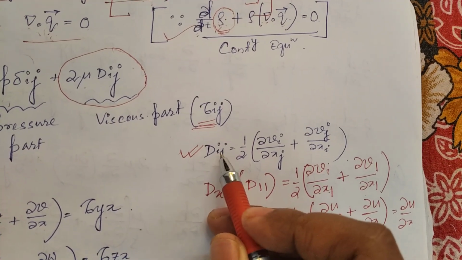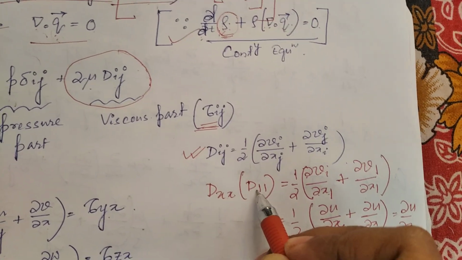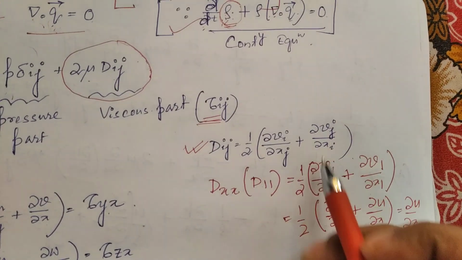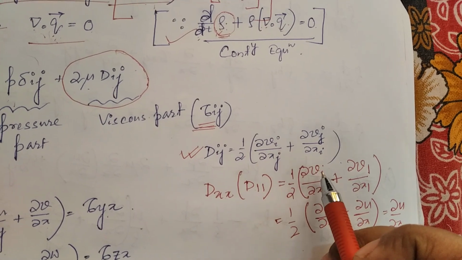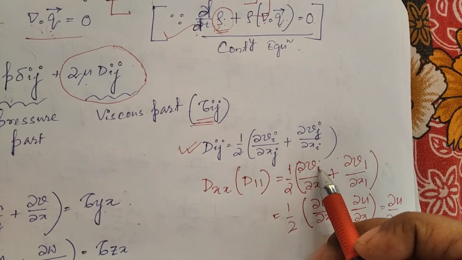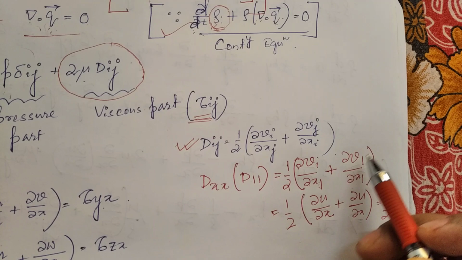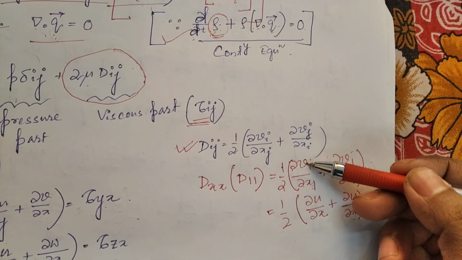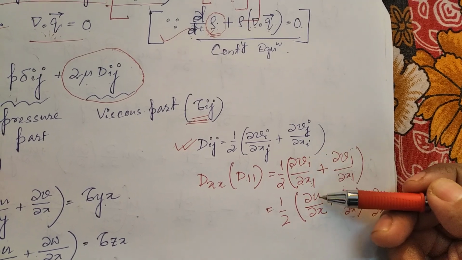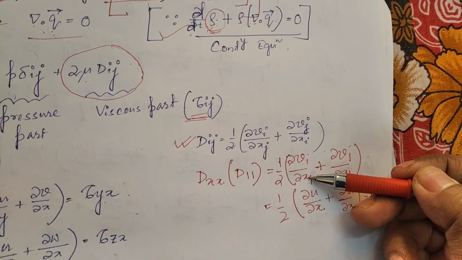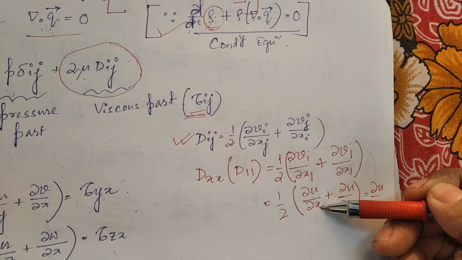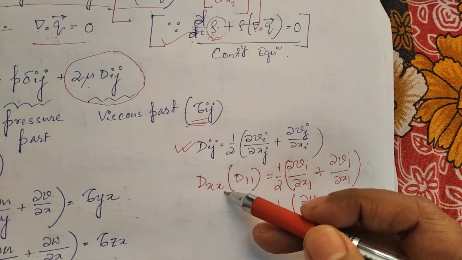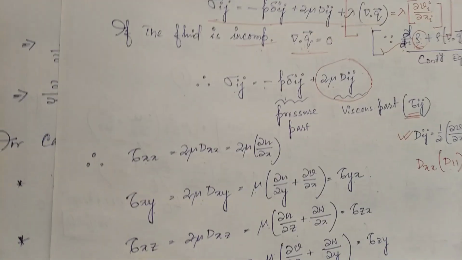If you replace ij by xx or 1 1, generally 1 represents the x direction, 2 represents the y direction, then on the right hand side it will be half of del v1 del x1 plus del v1 del x1. Here v1 is the first velocity component, that is u, and x1 is the first displacement component, that is x. So similarly we get del u del x. Ultimately the value of dxx is equal to del u del x.